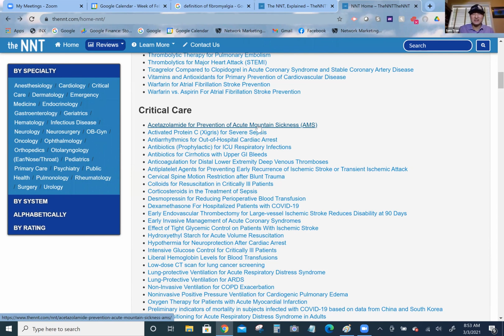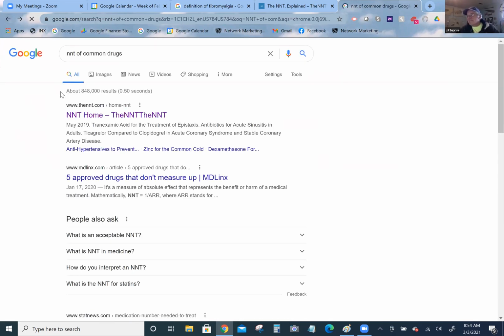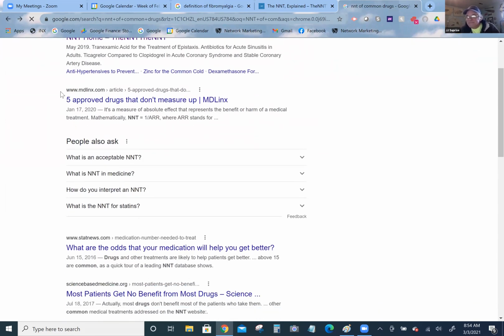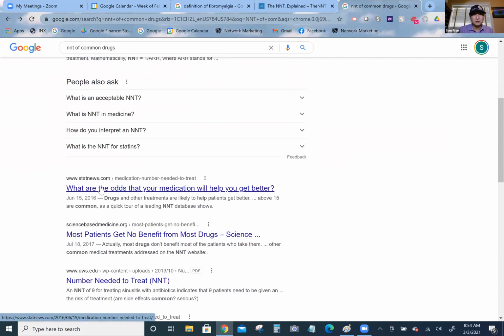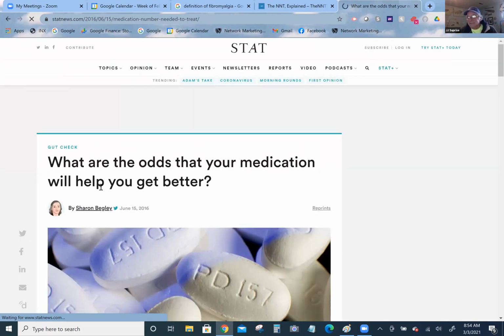Acute mountain sickness. Oh, that's hilarious. Holy crap. I guess they suffer from that up on Mount Everest quite a bit. Yeah, so let me see here. Acute mountain sickness. What are they going to come up with next?